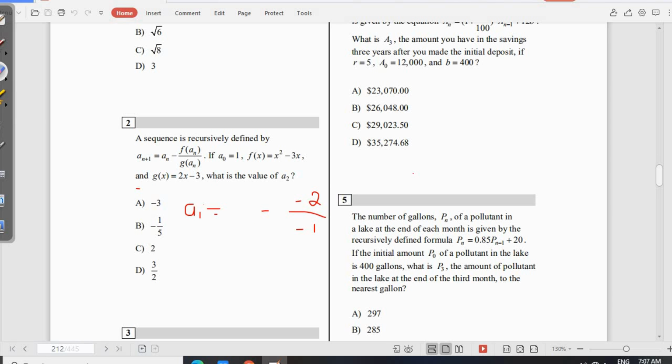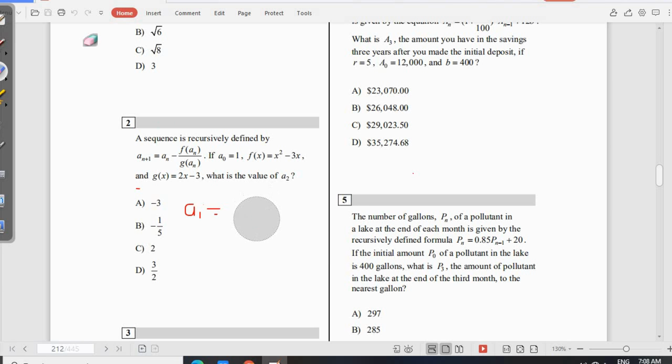What is minus 2 over minus 1? It will give us plus 2. The minus is still affecting it, so 1 minus plus 2 will give us 1 minus 2, which is minus 1. Be careful about all this negative business, because they could cause problems. So we have minus 1 as a1.